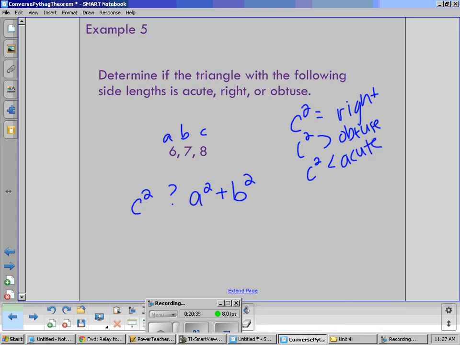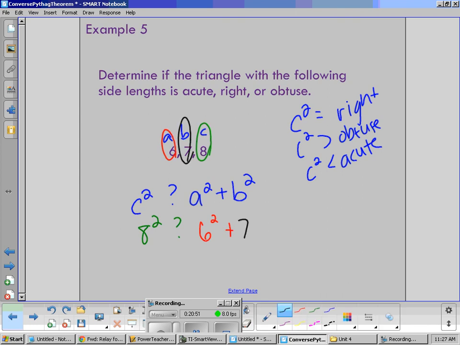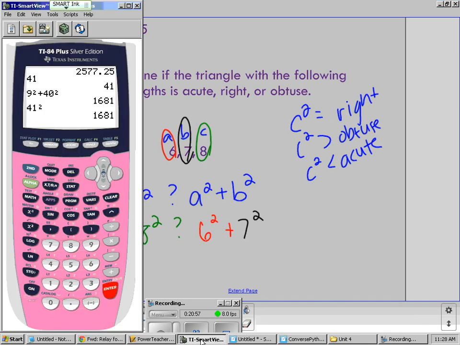So, C is 8. 8 squared has what relationship to A is 6, 6 squared plus B is 7, 7 squared. This step is just as important as plugging it into the calculator. Hopefully we all know that 8 squared is 64.